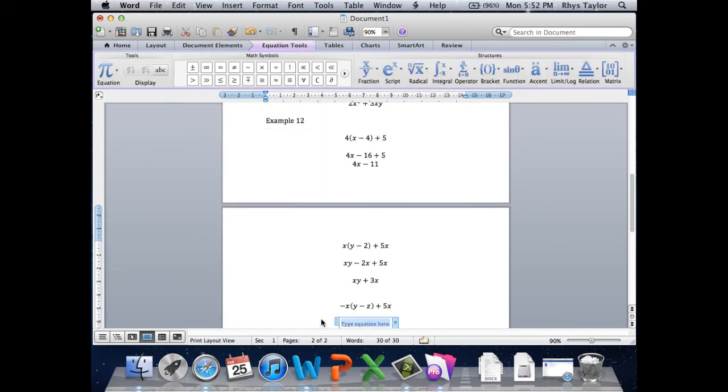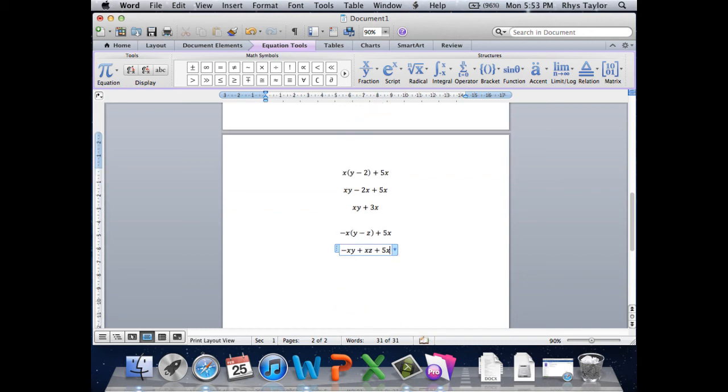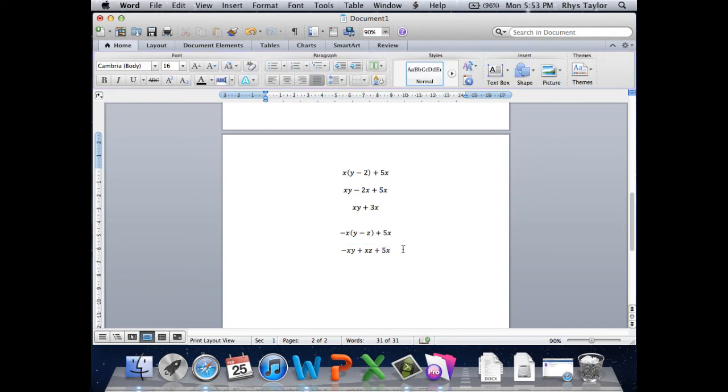Let's see. Rule stays the same. Negative x times y is negative xy. Negative times the negative makes positive xz plus 5x. Can we put anything together there? Not a single like term among them, so it just stays like that. Done.